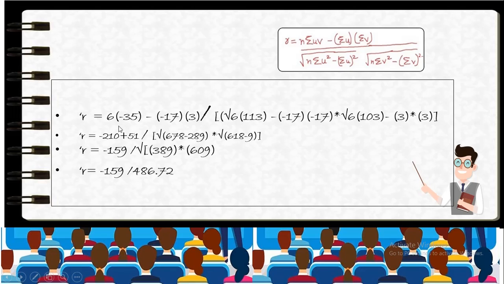This is minus 210, and this is 17 into 3, 51, minus minus, the sign will be plus 51, divided by the simplification of this, the first root is 678 minus 289, multiplied by 618 minus 9.